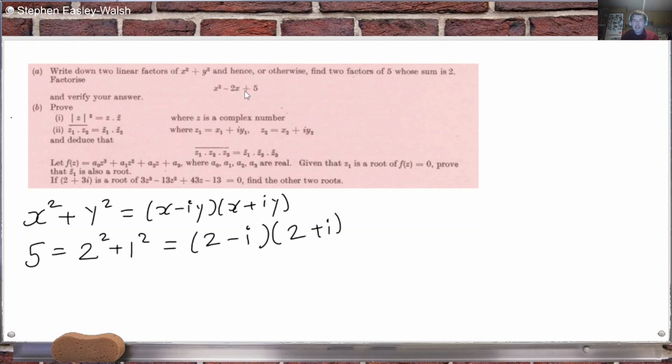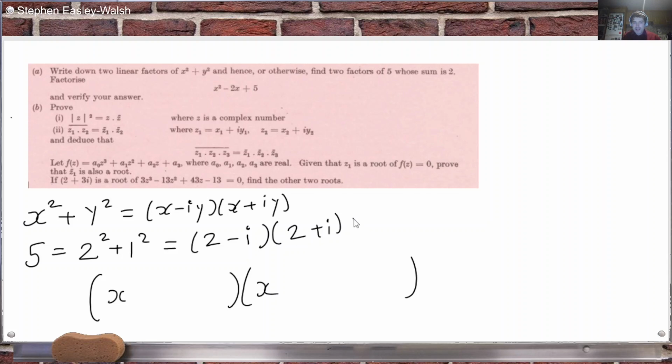Okay, and hence factorize this. Okay, so I see what they're up to. They want us to factorize this, so we need... Okay, that's funny. I've not seen a question like this before, but I like it. So we need a product that adds the two numbers that multiply to make 5.